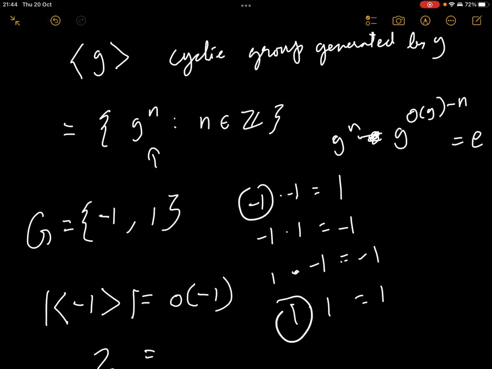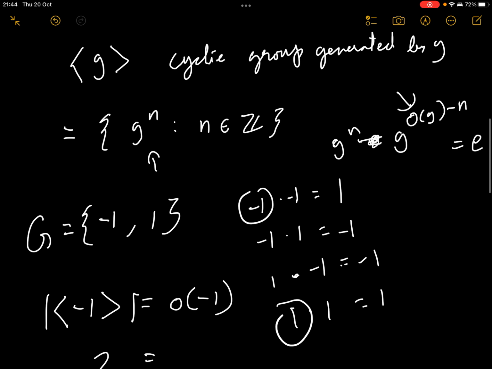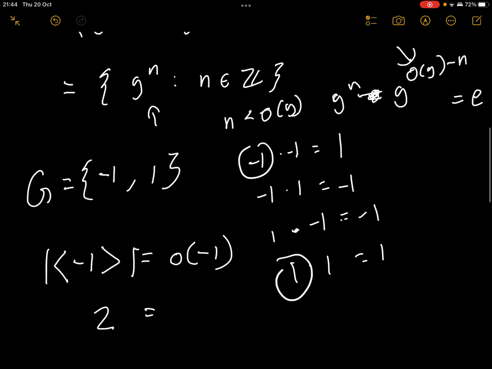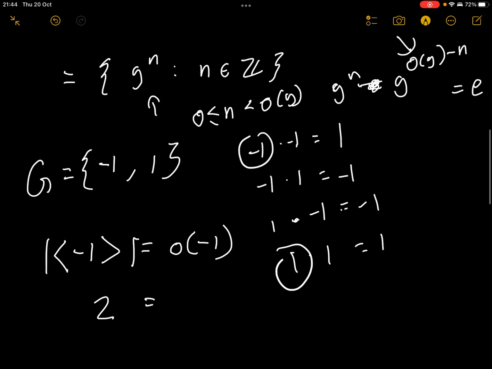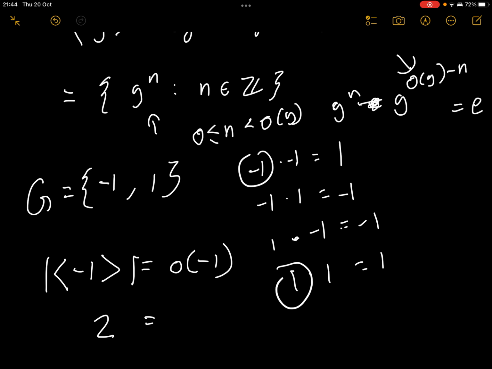That way you can find inverses and they're unique, as long as n is less than the order of the group, and obviously bigger than 0. In fact, if we want the identity in there, we'll just let it be 0 too. There we go.